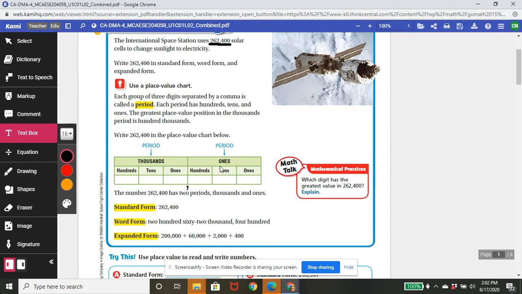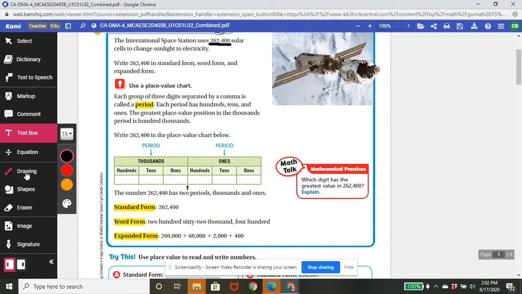These are the ones period. That means that it is exactly the number that it says here. There's ones, and then tens, and then hundreds. Then it goes into the thousands period. That means it's 1,000, 10,000, 100,000.